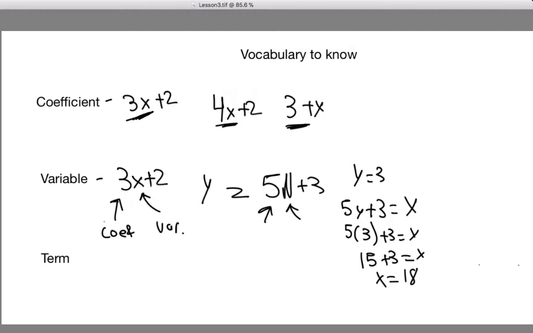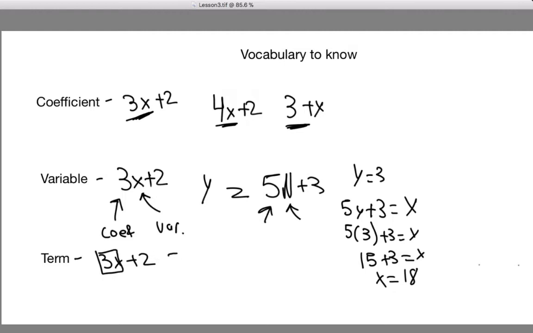Let's go on to identifying what a term is now. Let's do the same 3x plus 2 example from before. So a term is basically 3x. A term is basically just the variable and the coefficient put together. So wherever you have like 3x, 4x, 5n, 3z, these are all terms.